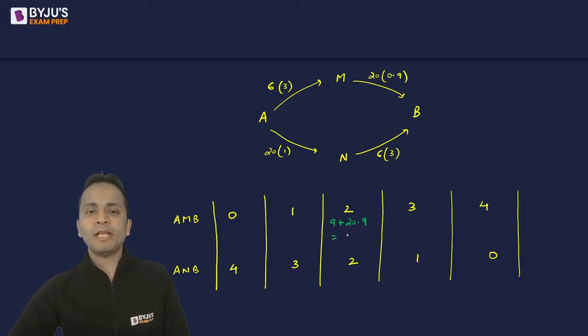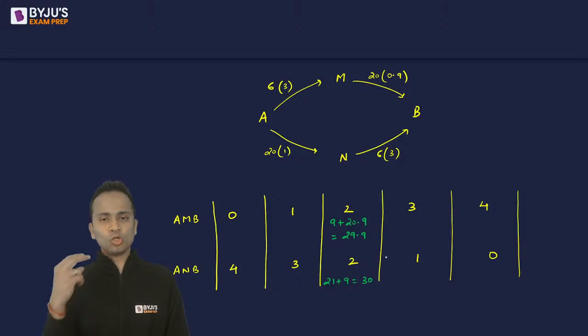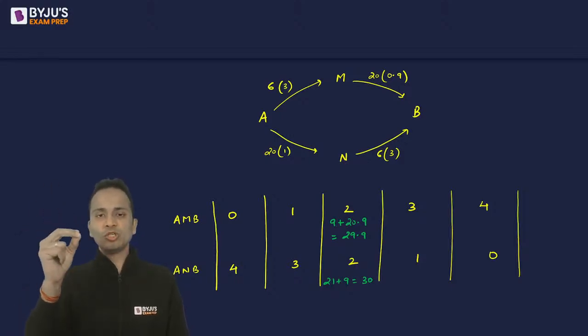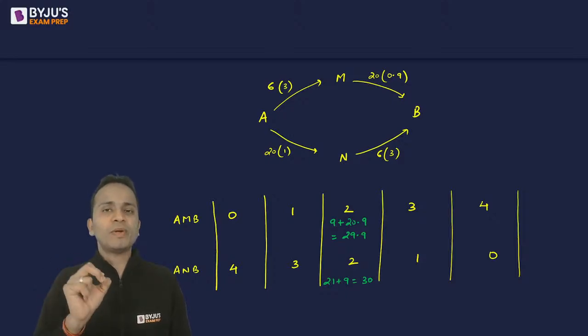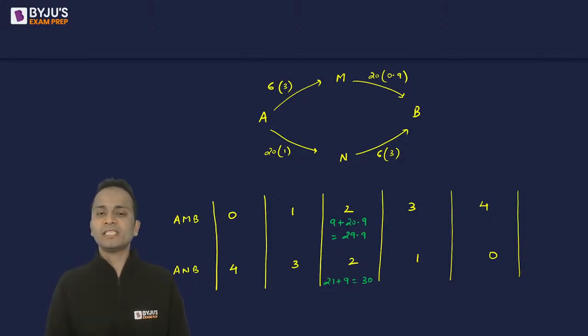So the total time taken will be 29.9 minutes in the first route. In the second route, the time taken will be 21 plus 9, that is 30 minutes. So two cars will go from the first route, two cars from the second route. In the first route, the time taken will be 29.9 minutes. In the second, it will be 30 minutes. I have written both these things.